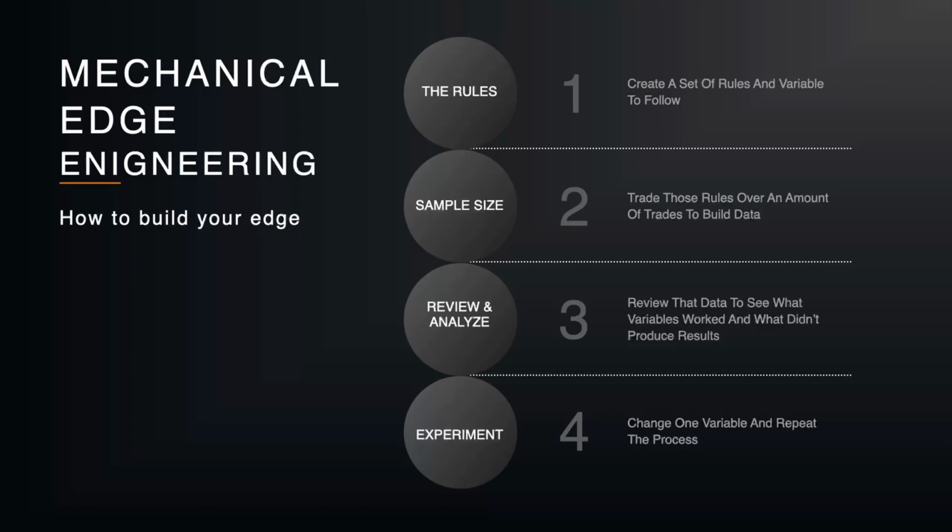The cool thing about this is when you're going through the ME process, mechanical edge engineering, you build subjective reasoning. You're able to build rational thinking and make rational decisions based off your experience, because you're collecting a lot of experience watching how the market is moving.